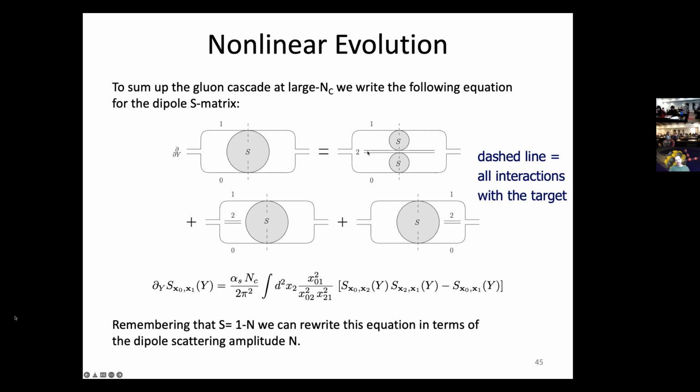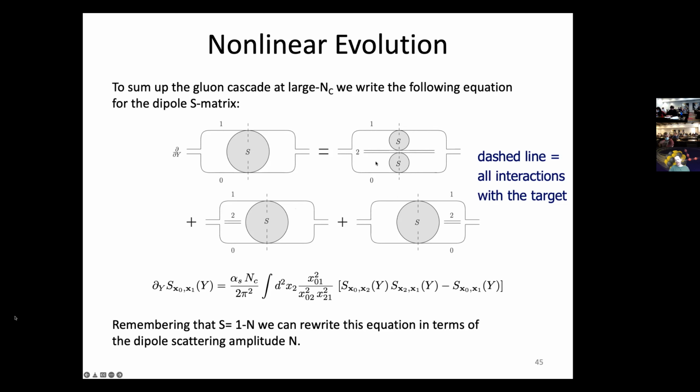So in one step of evolution, we can emit a gluon, which splits the original dipole, say 1, 0. We'll label the lines here. The quark line is 1, the anti-quark is 0. So we have a quark anti-quark 1, 0 dipole. We emit a gluon 2, which splits the original 1, 0 dipole into 1, 2, and 2, 0.